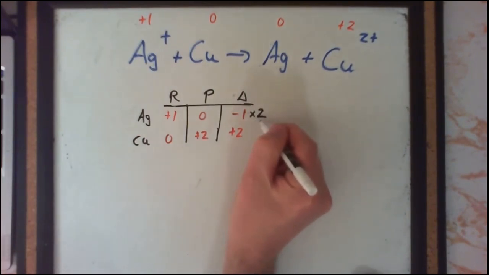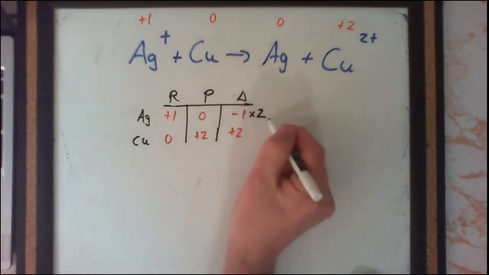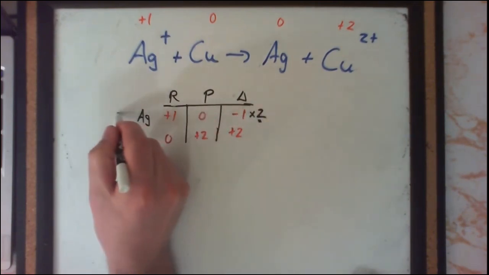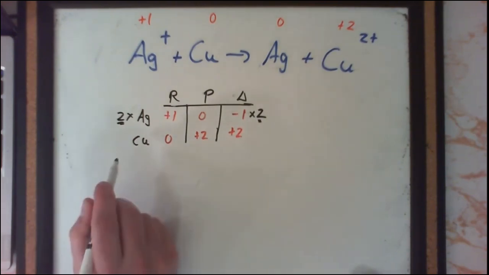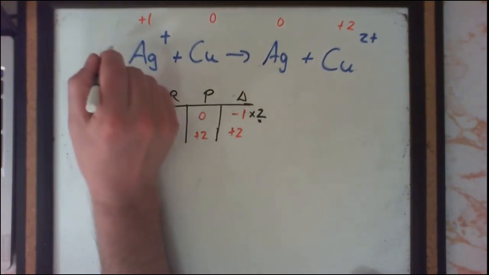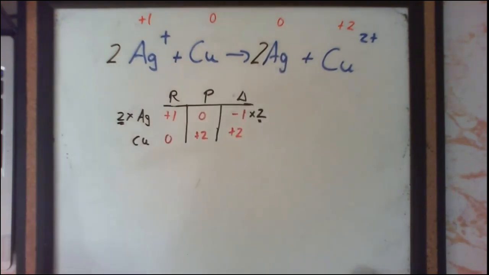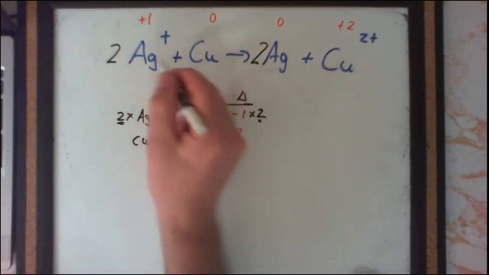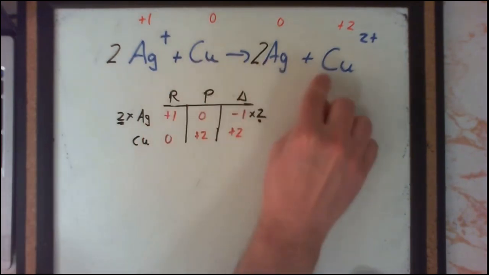Whatever factor I had to multiply this difference by, in this case 2, I'm going to do the same thing to all of my compounds, elements or ions that also have this reduced element, silver. So in my balanced equation, this tells me I need to make this a 2, and I need to make this a 2. Notice that by doing the same thing to the reactant side and product side, I haven't changed any mass balancing that I've already established. And because I didn't have to change anything with copper, I don't have to change anything with copper.